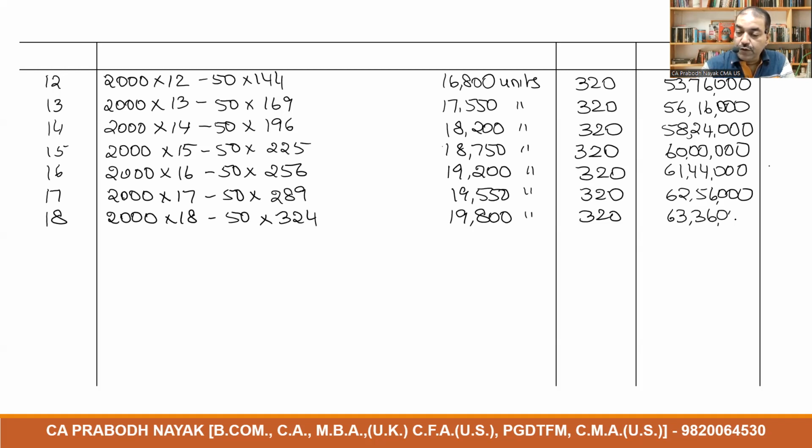Before you write the next one, now check because you have already reached 19,800. So if it crosses 20,000, you will have to stop because 20,000 is the maximum market demand. So you can't have more than the market demand. If the next figure is going to give you more than 20,000, you'll have to stop. You check and tell me how much it is going to be. If it is 19th month, are you getting more than 20,000 or less than 20,000?